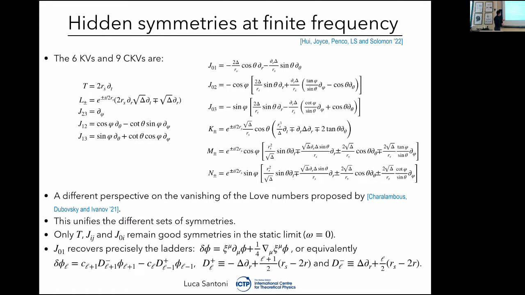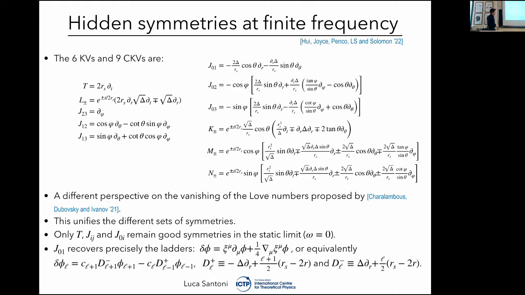There was another paper by Sergei Dubovsky and others that proposed a solution to the problem of the vanishing of the Love numbers working at finite frequency. So we wanted to clarify the connection between our ladder symmetries and this work.